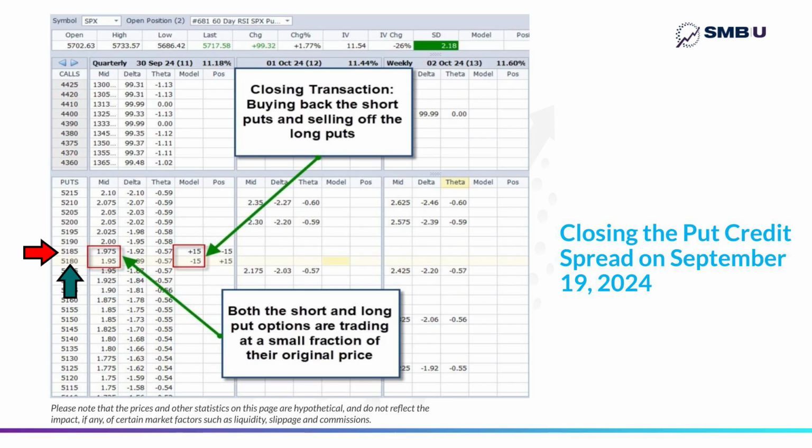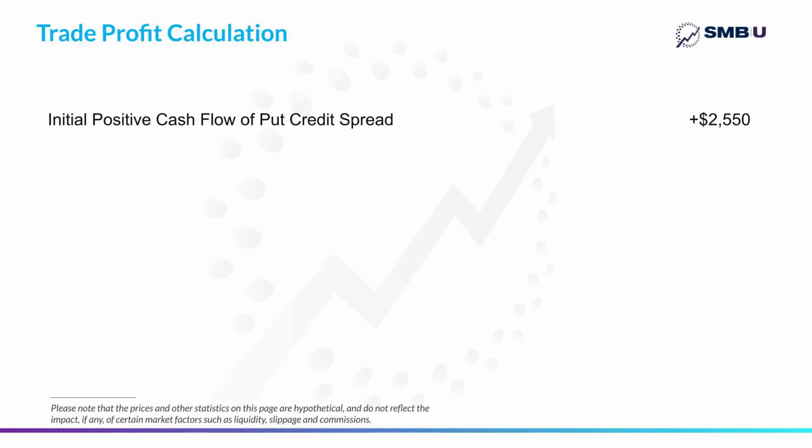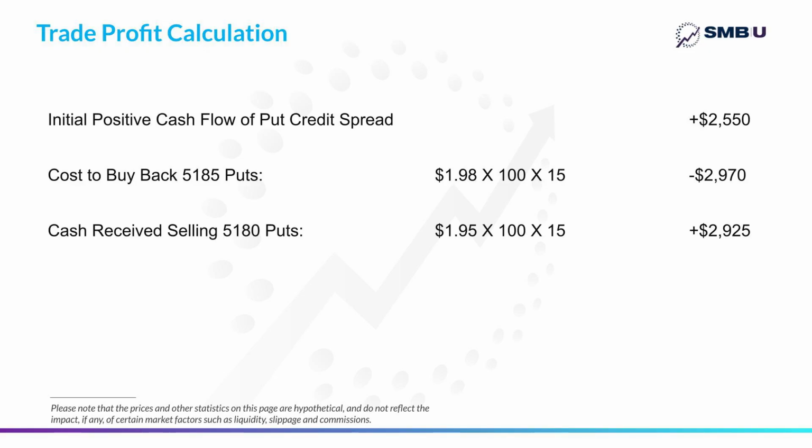And so when we close the trade, we'll just be buying back the short puts and selling off the long puts. And the way that this is calculated is that we take the original cash flow of that 2,550, we subtract out how much it would have cost to buy back the 51.85 puts, then we add back what we cashed in the 51.80 puts for, and the result is a very, very minor dent to the initial cash flow, resulting in a win of $2,505.